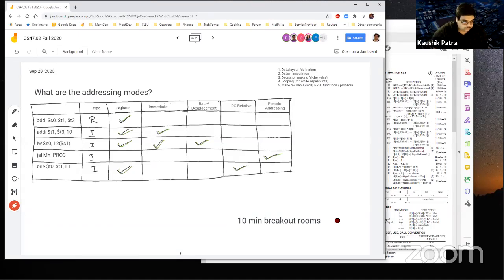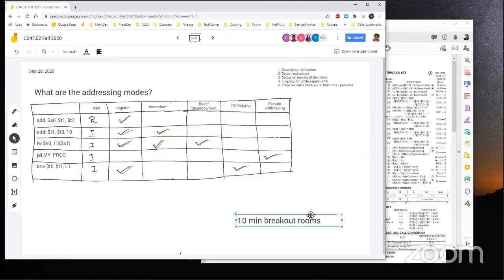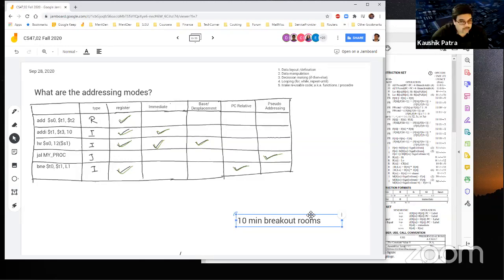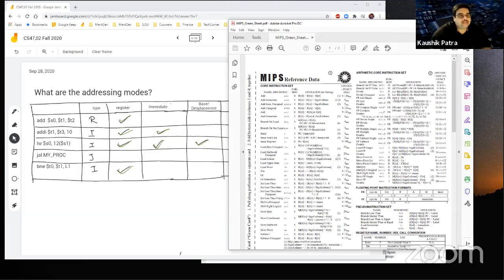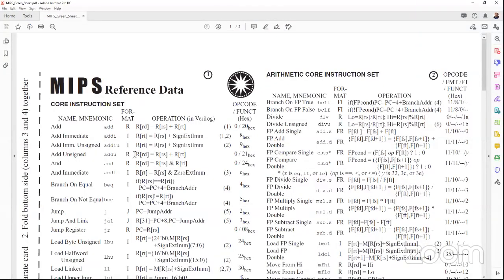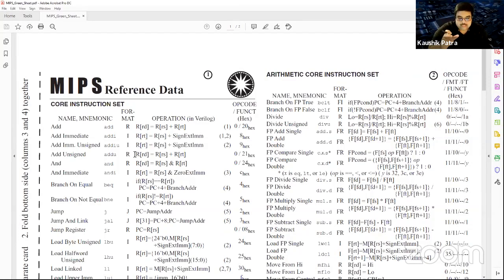Any questions so far? Does it add another 4 because each instruction is 4 bytes, PC plus 4 plus the offset? Yeah, you can think this way. As you rightly said, each instruction is stored within 4 bytes, which means it spans 4 addresses in memory.